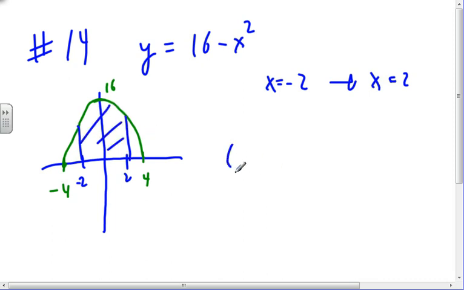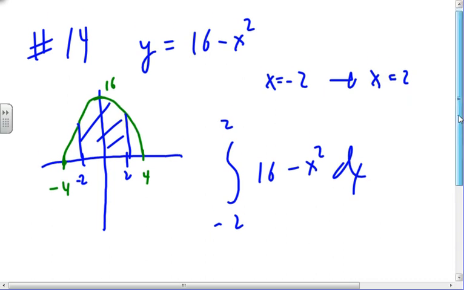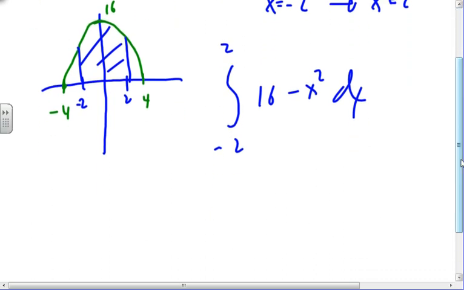Okay, so I'm just going to go integral minus 2 to 2 of 16 minus x squared dx. Now, I can do this in this calculator, so I will do it in this calculator first, and then I'll write it down, and then I'll do it manually second.